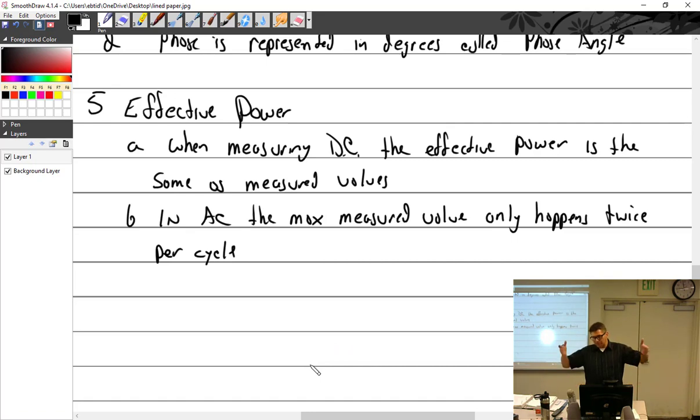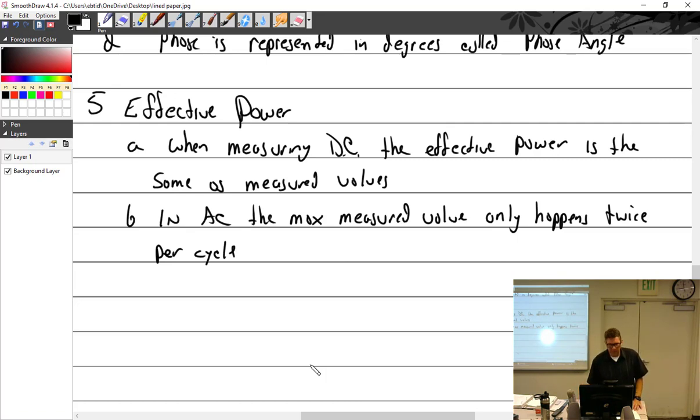So during this period of time, our house outlet, for every 1/60th of a second, you have a peak, and all the rest of the time in between, it's less than peak, and sometimes it's zero.